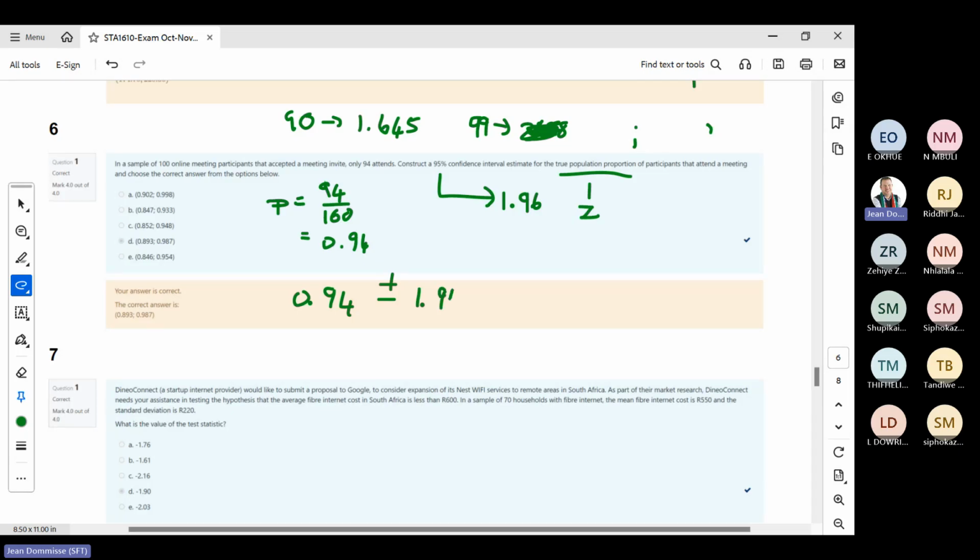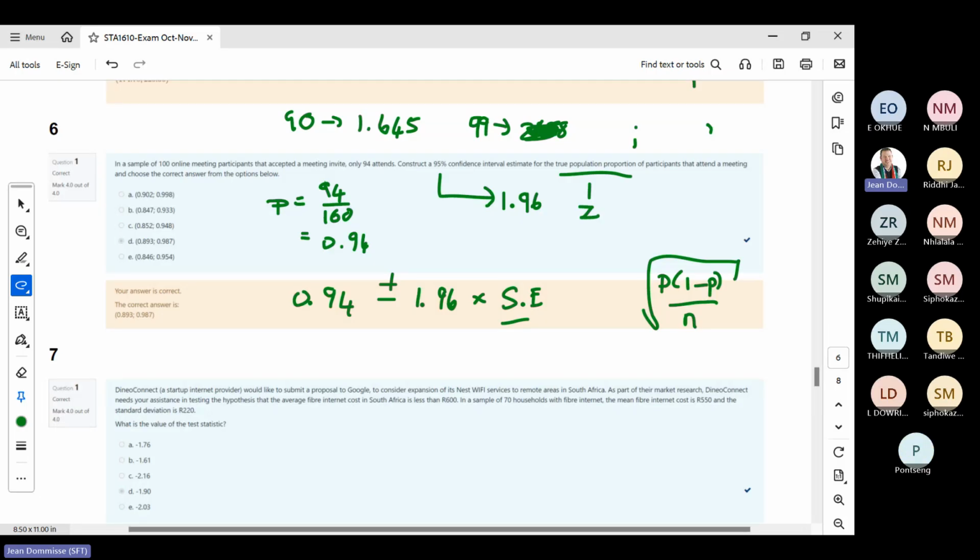And then instead of writing out that formula, we just multiply it by the standard error. I think it's something like this. I'm not always 100% sure if I don't have my tables with me, but I think that it looks something like that. But that is the standard error. And then if you work that out, you will get the correct answer.